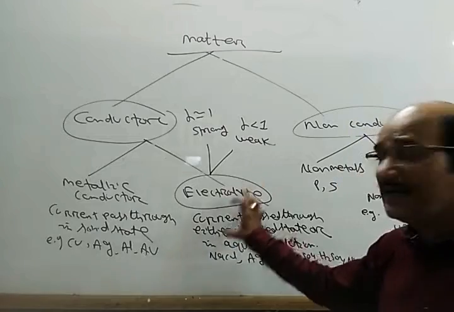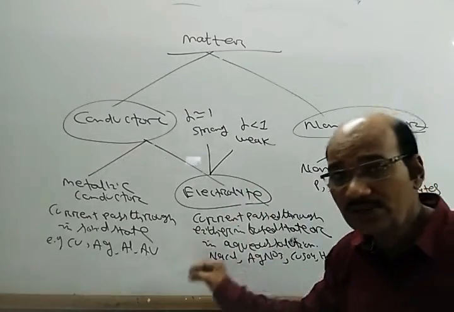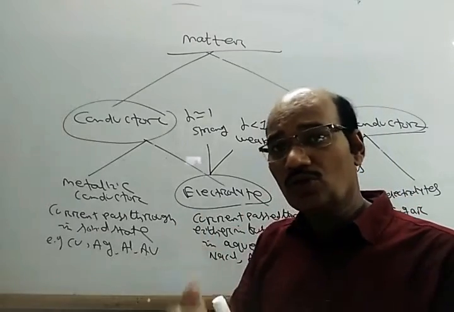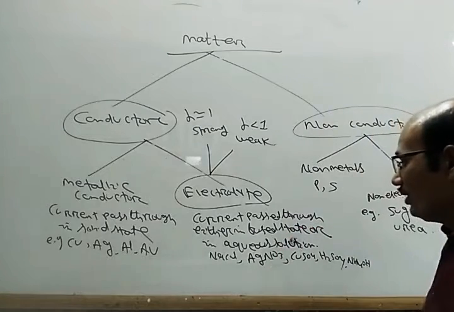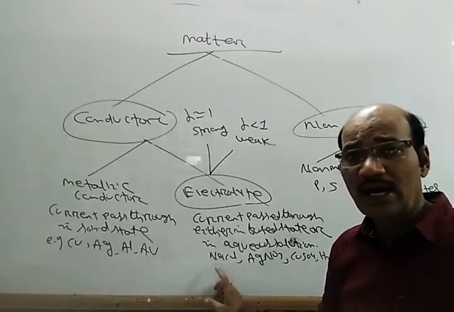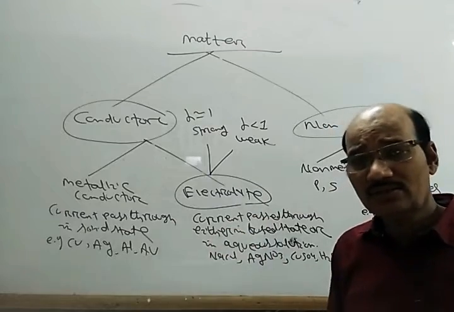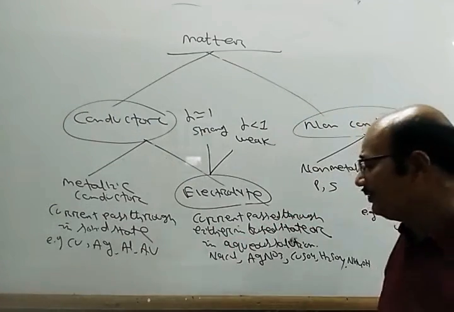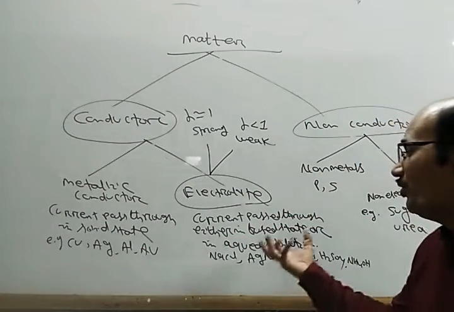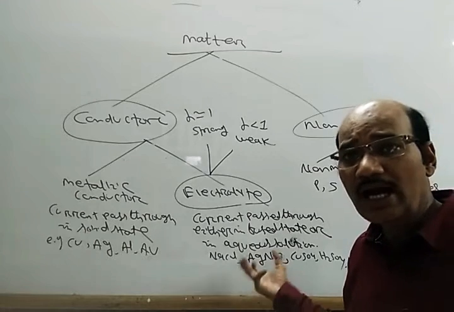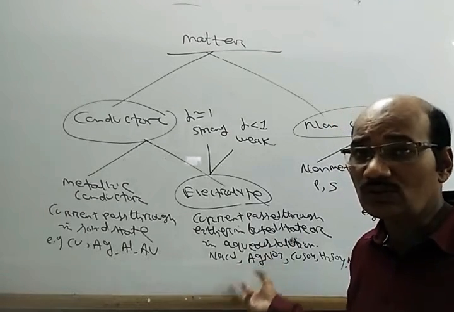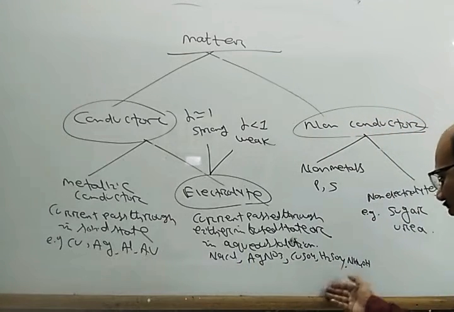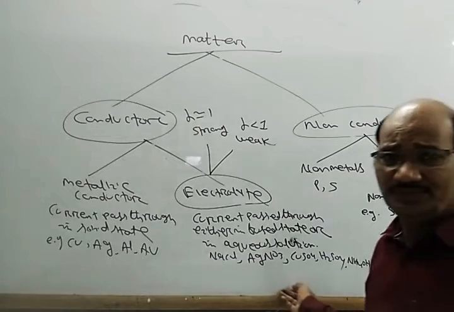Electrolytes are those which allow the passage of electric current in the fused state or in aqueous solution. Either you melt NaCl, or you put NaCl in water, where it will conduct electricity. So you take NaCl, silver nitrate, copper sulfate, sulfuric acid, ammonium hydroxide, sodium acetate, and many more.